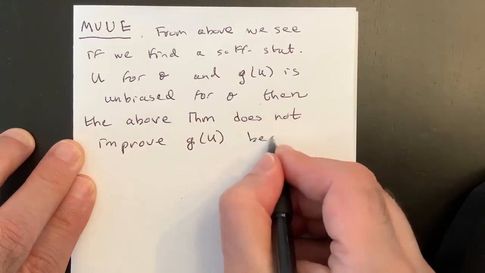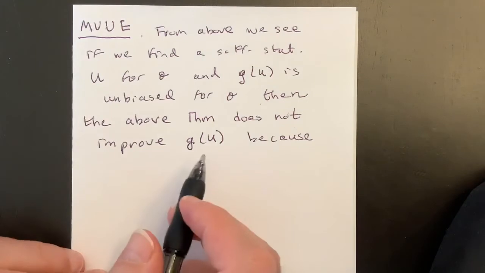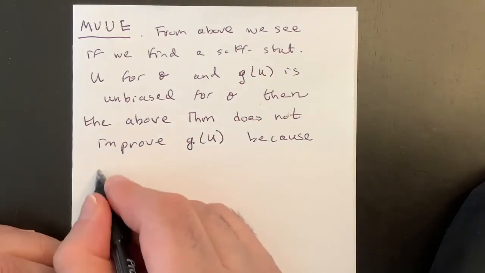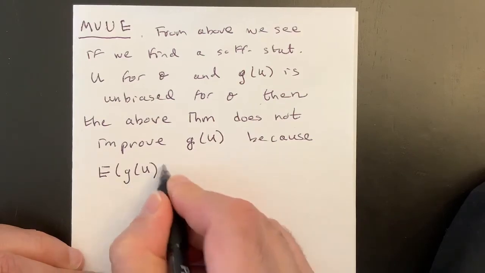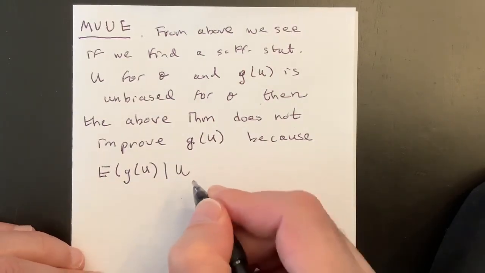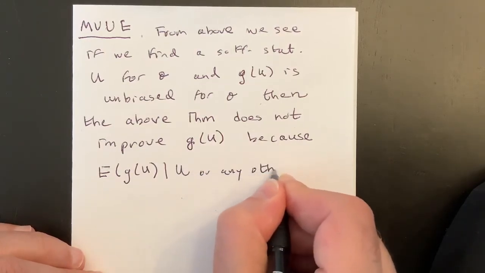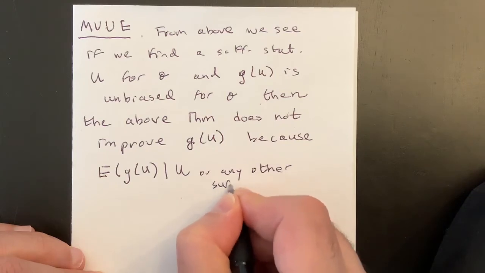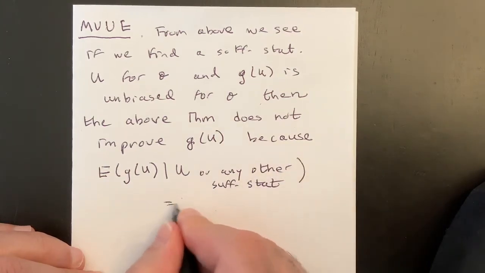Because for any sufficient statistic I put in there, E of g of u given any other sufficient statistic is still just equal to g of u.